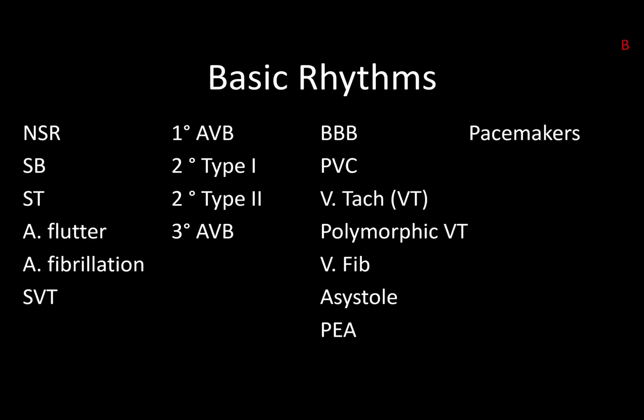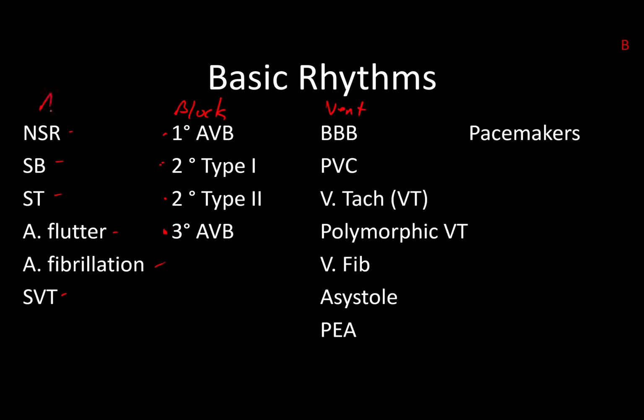Okay, so your basic rhythms. The basic arrhythmia class will cover normal sinus rhythm, sinus brady, sinus tach, A flutter, A fib, SVT, supraventricular tachycardia. Then we'll talk about our blocks, and that's going to be AV block: first degree, second degree type 1, second degree type 2, and third degree. And then finally we have our ventricles.